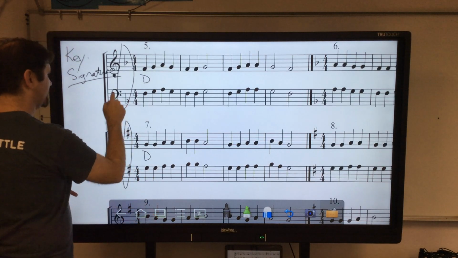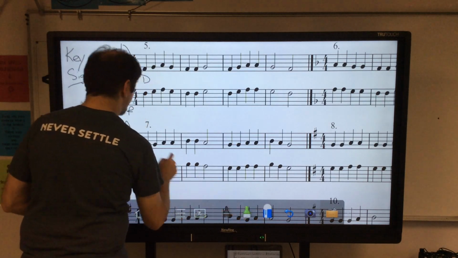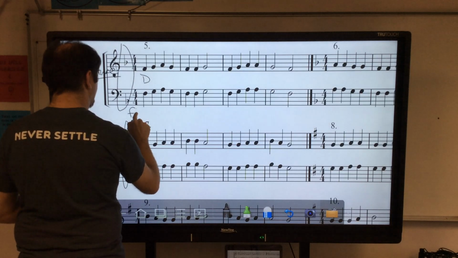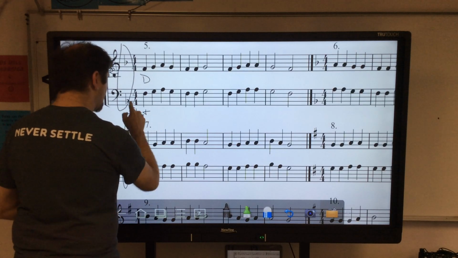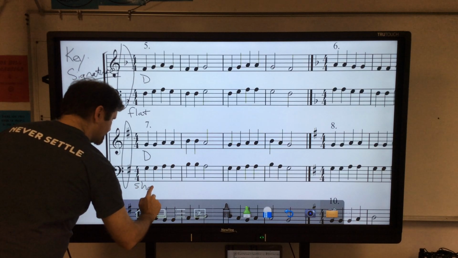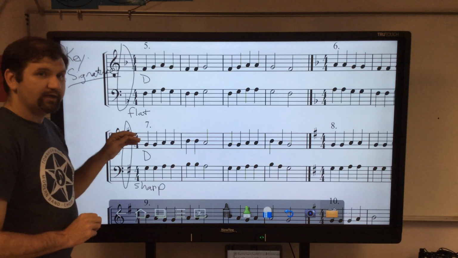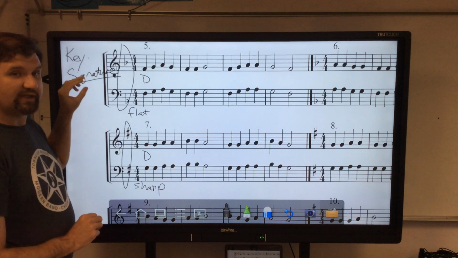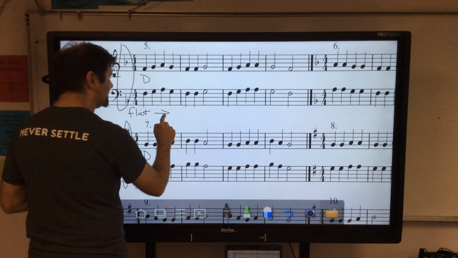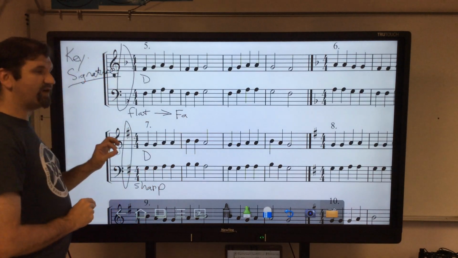This symbol right here is called a flat. And this symbol right here is called a sharp. The flat in the key signature tells me that that note, whatever note it's on, is the solfege syllable fa.